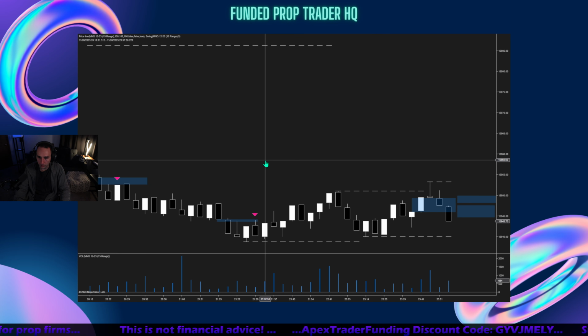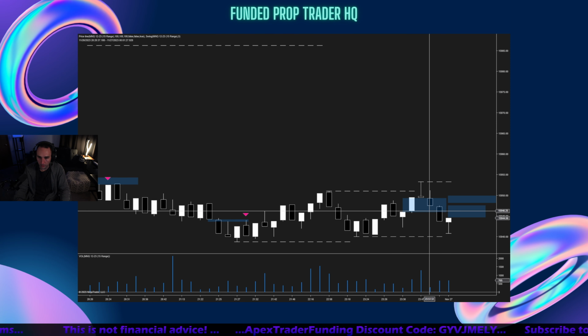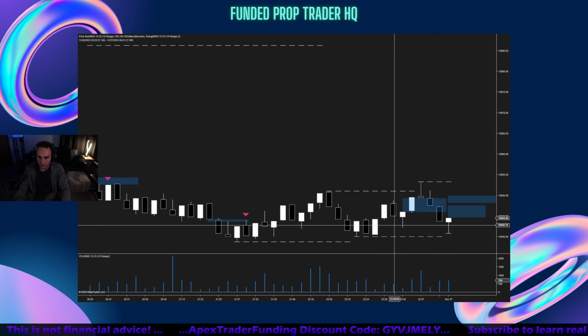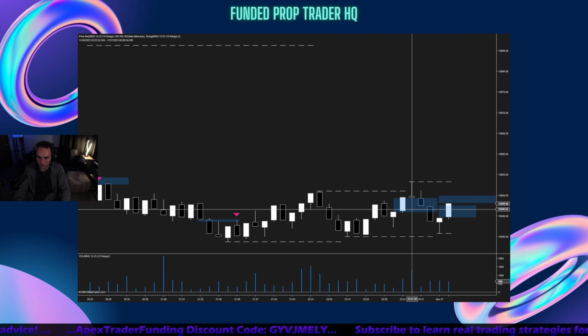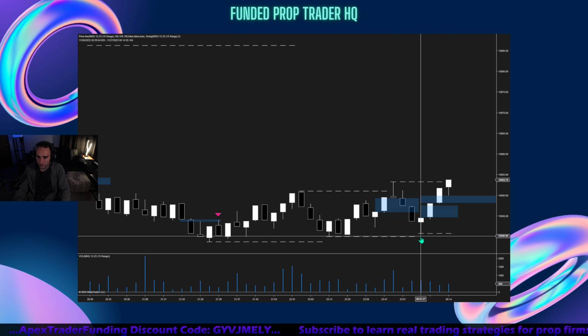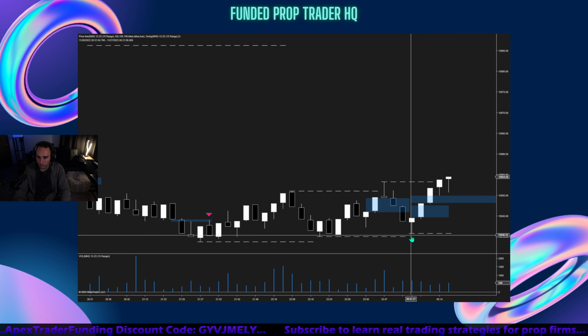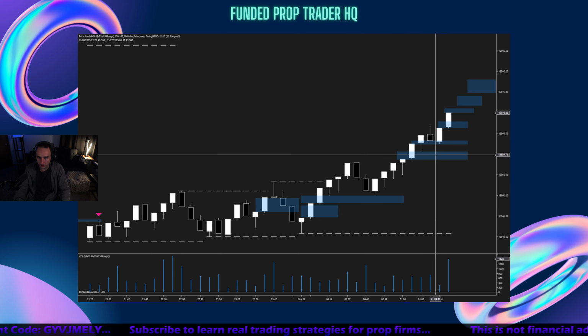Market structure shifts to bullish as of right there. You get stopped out below this bar here if you entered into this gap. More gaps are created, looking for an opportunity to go long. The first one we get is right there.